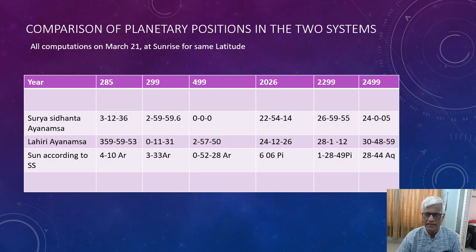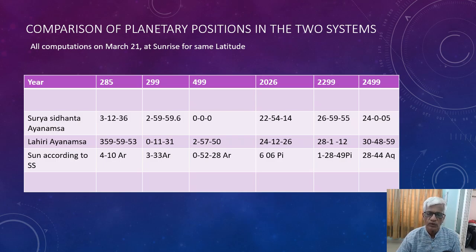The Surya Siddhanta, as you know, takes 27 degrees of libration every 1800 years, so that it completes the cycle of libration in 7200 years. Whereas the Lahiri Ayanamsa considers it as a complete revolution, so it goes on from 0 degrees onwards even after 1800 years.